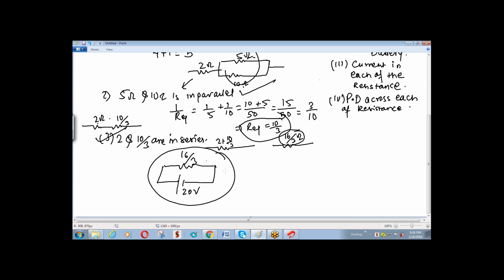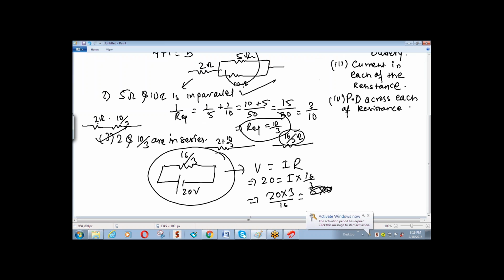Now look at this circuit. What is the total potential? 20. You know V is equal to IR, so there is no confusion because this is 20. Resistance is 16 by 3. So you are left with 20 into 3 upon 16. That is how much? 5 into 3, 15 upon 4.